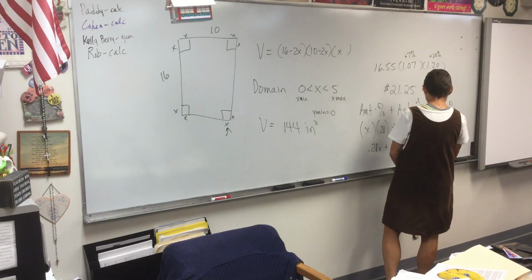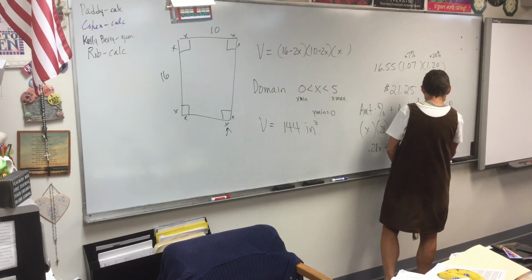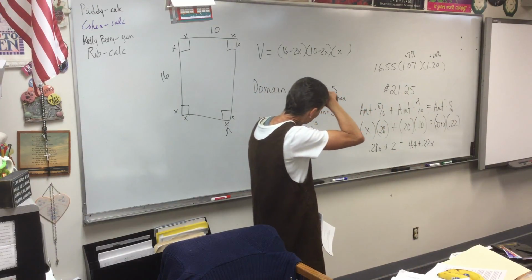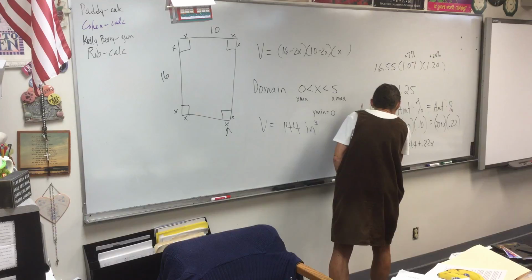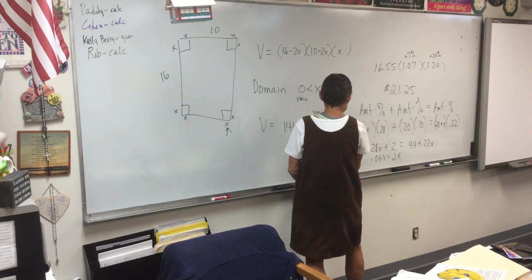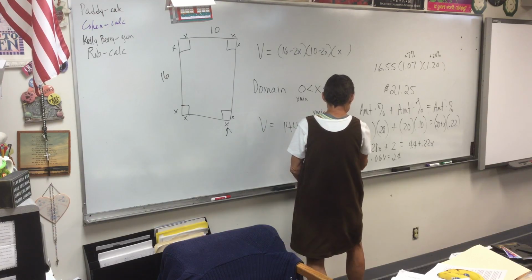Is that 0.44? No. Help me, is that 4.4? Yeah. Plus 0.22. So I got 2.4 divided by 0.06. Is that 40?